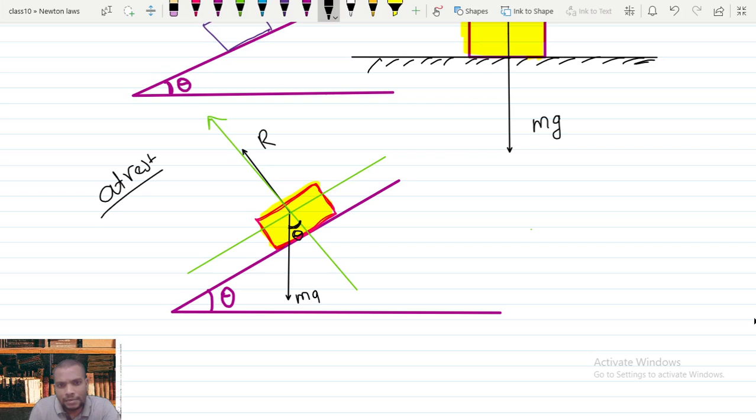Now we need to split the components of mg. One component goes along this side, mg cos theta, which is the horizontal component, making an angle theta, and the opposite component on this side is mg sin theta.